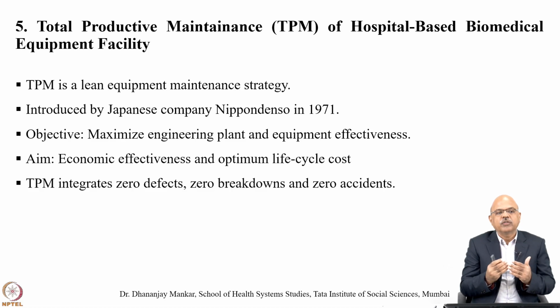The objective of this TPM was to maximize engineering plant and equipment effectiveness, which aims at economic effectiveness and optimum life cycle cost. The reason is that to improve the economic effectiveness, you need to have total productive maintenance, which is more towards the philosophy of total quality management. The TPM integrates zero defects, zero breakdowns and zero accidents.